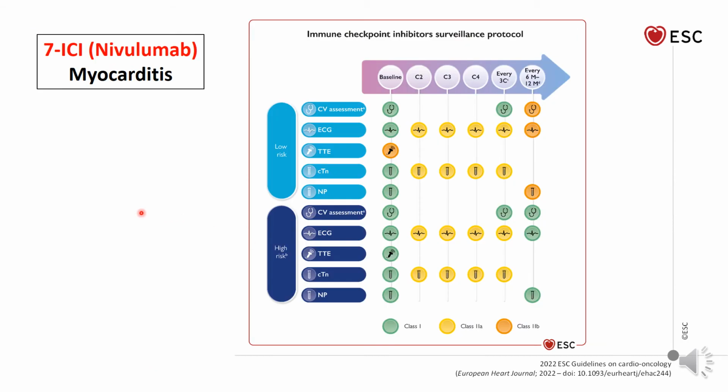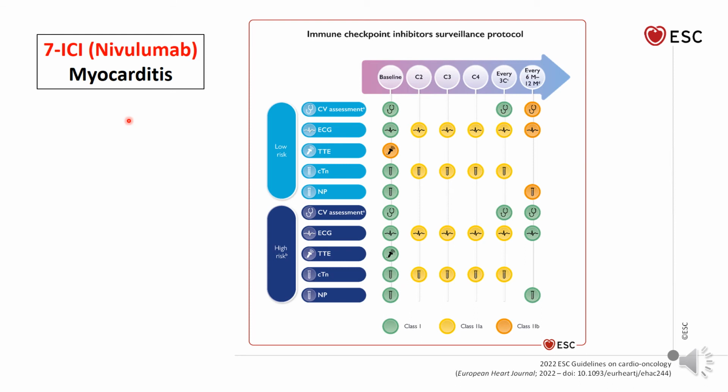Another group of drugs is the immune checkpoint protein inhibitors, such as nivolumab. This is also a broad spectrum drug used in a lot of blood malignancies. The most pathognomonic side effect of this drug is myocarditis, because the immune checkpoint's job in our body is to act as the brake of the immune system.